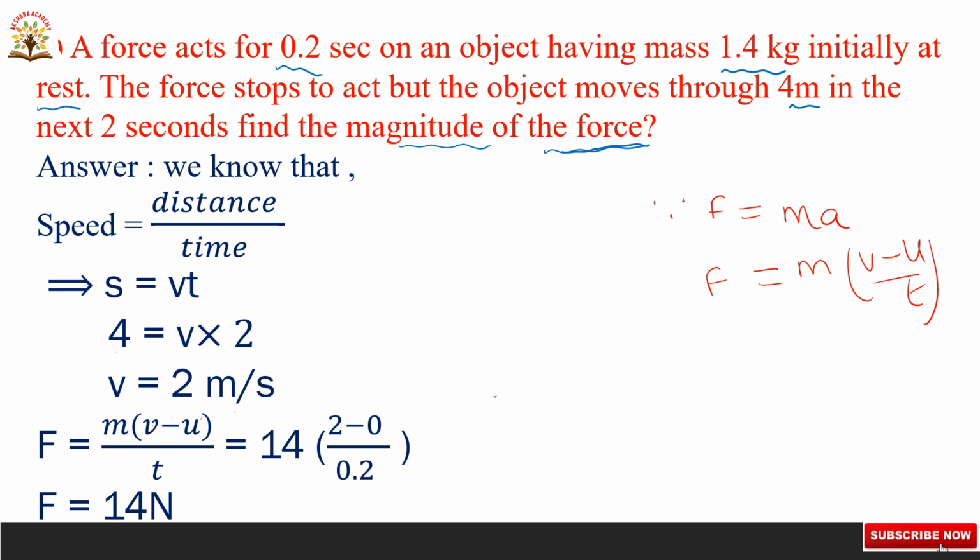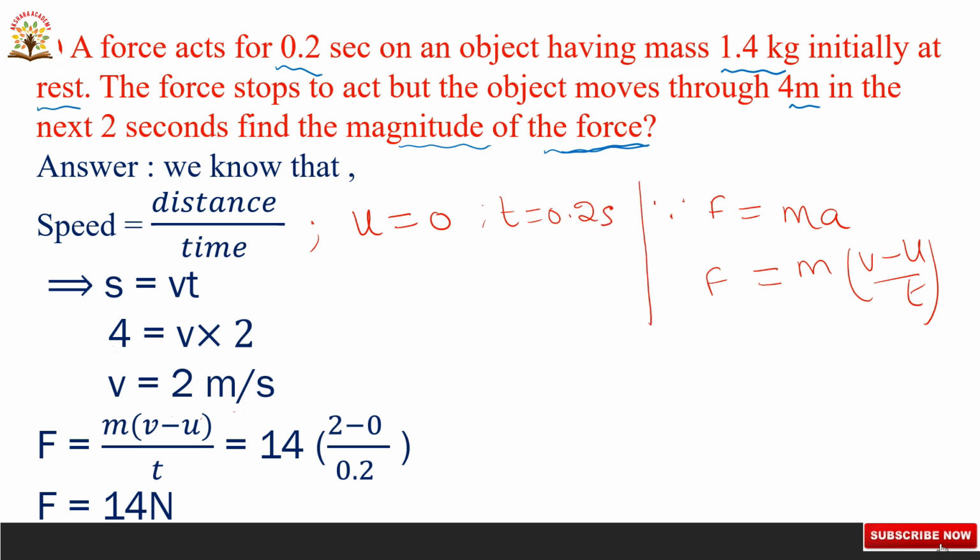Since u is equal to 0, initially at rest means they have given u is equal to 0. So we are substituting 0 in the place of u. And t, they have given as 0.2 seconds.